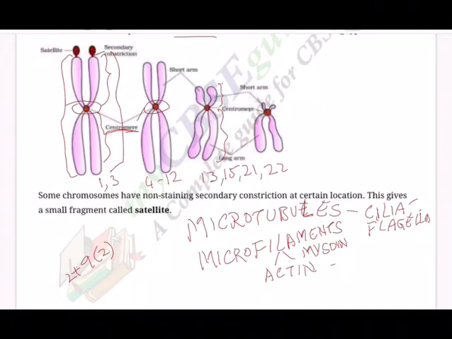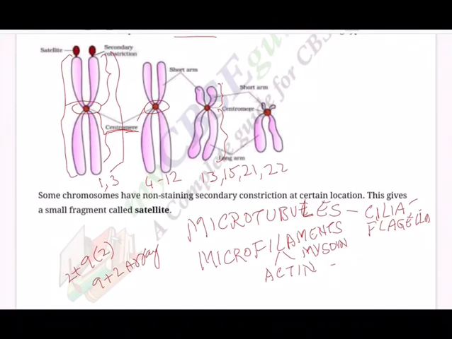So you can say 2 plus 9 or 9 plus 2. Such an arrangement of axonemal microtubules is referred to as a 9 plus 2 array. You can remember it as 9 plus 2 array. This is how the arrangement is in the cilia and flagella.